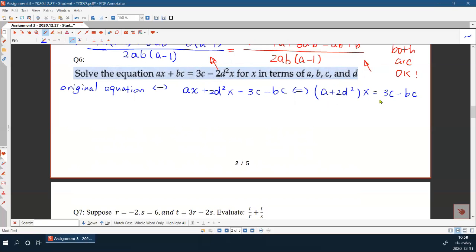And then we can solve x, right? So intuitively, we want to put this term on the right-hand side, right?